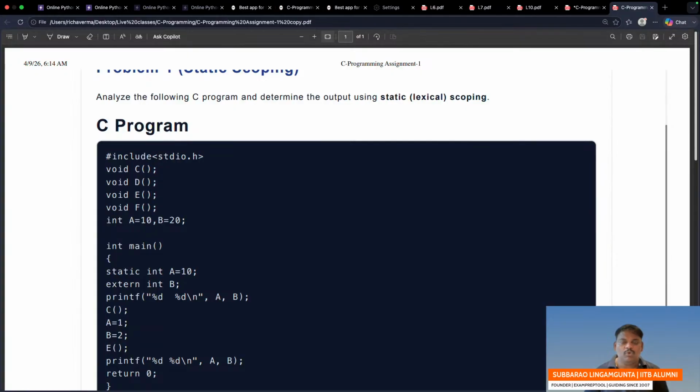Yes, let me do dynamic scoping one time, because many people are asking. That is the reason I'm doing it, otherwise I don't. Let's do dynamic scoping also.